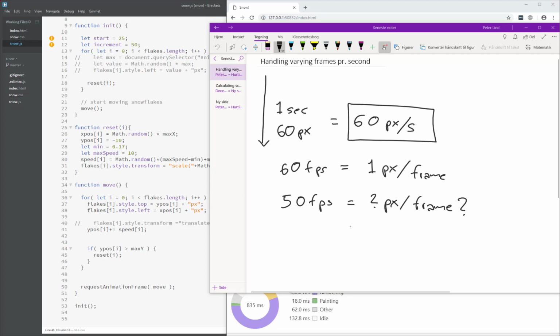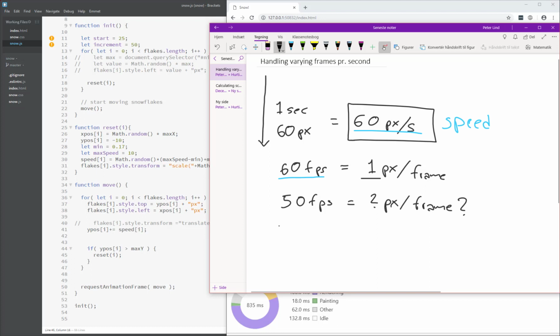Let's try to look at it a bit differently. How did we get this 1 pixel per frame? It seems kind of obvious, but let's just do the calculation. We have here 60 pixels per second, that would be our speed. We have 60 FPS, that would be not our time, we would actually like the how many seconds for a frame.